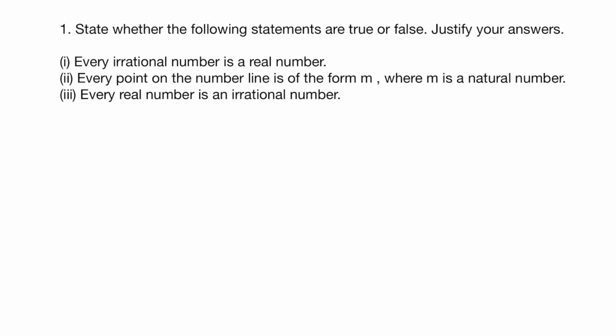Now, real numbers is just a collection of both rational and irrational numbers. Real numbers is irrational plus rational. Combined together, this is what we call real numbers, and the symbol for real numbers is R. With uppercase R, we represent real numbers, and real numbers is a collection of irrational and rational numbers.